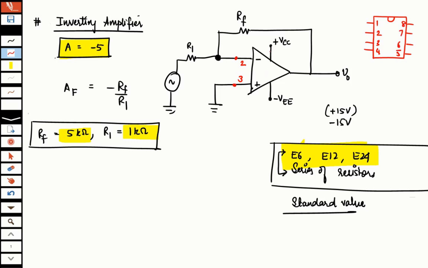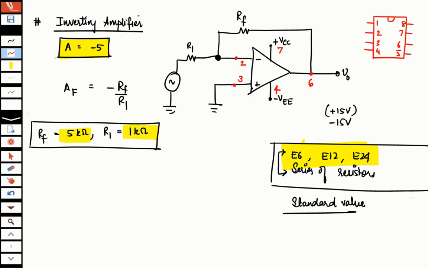VCC is 7, VEE is 4, and Vout is 6. So these 5 terminals are what we are going to use.